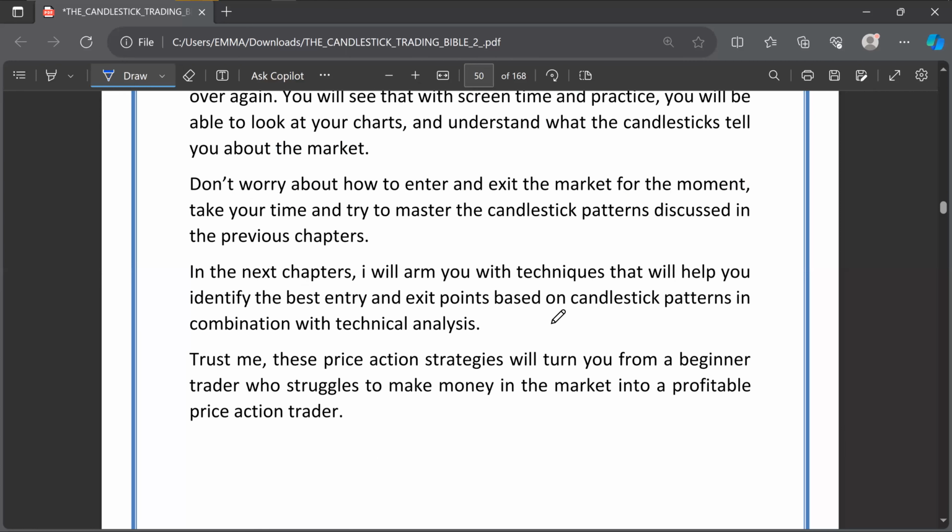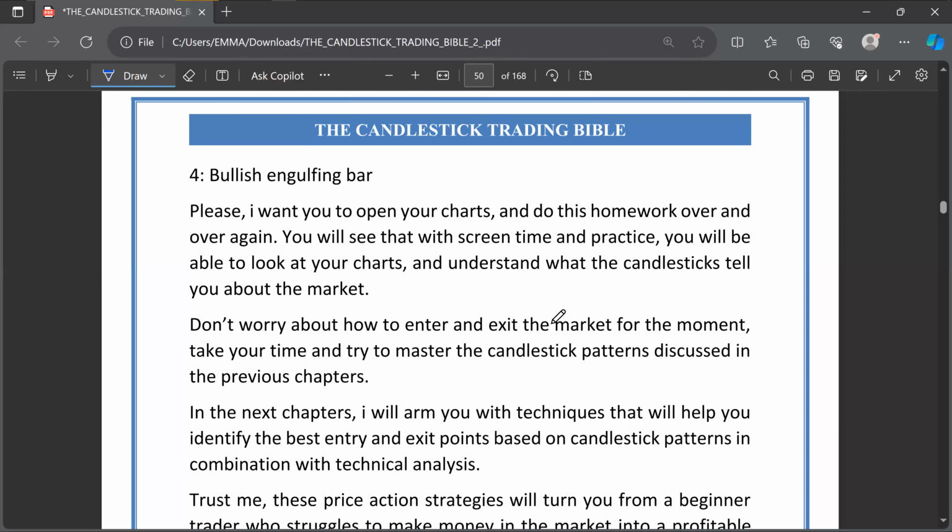Now, please, I want you to open your charts and do this homework over and over again. You will see that with screen time and practice, when you say screen time, it means watching your screen for a long time and then doing your practice. When you start trading, you realize that many a time if you enter a position, you are often glued to your screen, your PC, hoping and making sure that the prices move in your direction.